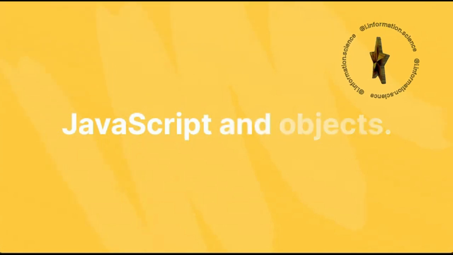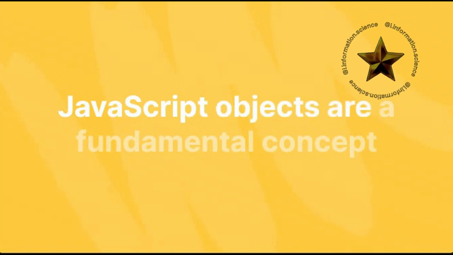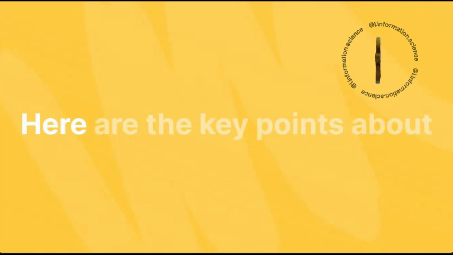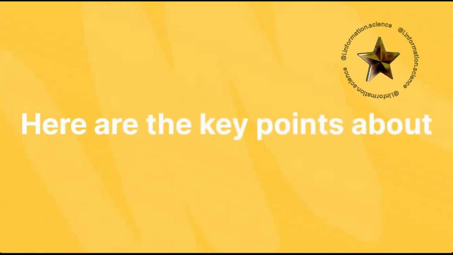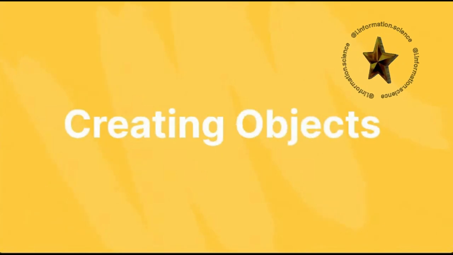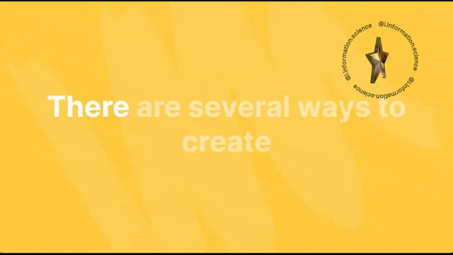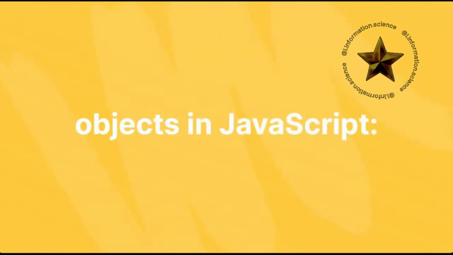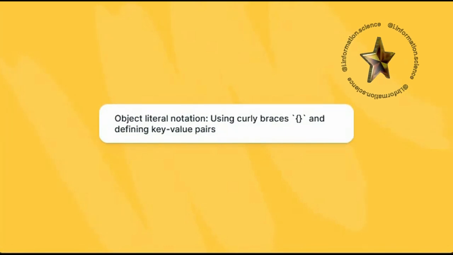JavaScript and objects. JavaScript objects are a fundamental concept in the language. Here are the key points about JavaScript objects. Creating objects. There are several ways to create objects in JavaScript. Object literal notation, using curly braces and defining key-value pairs.